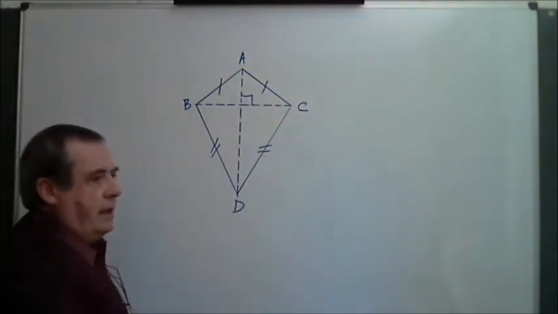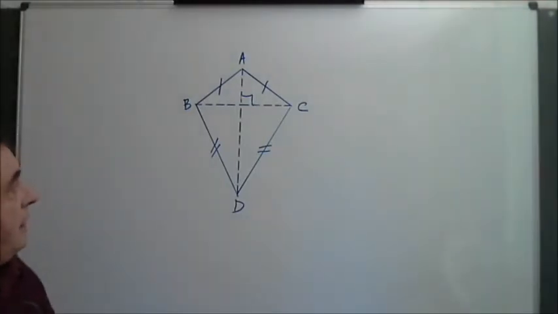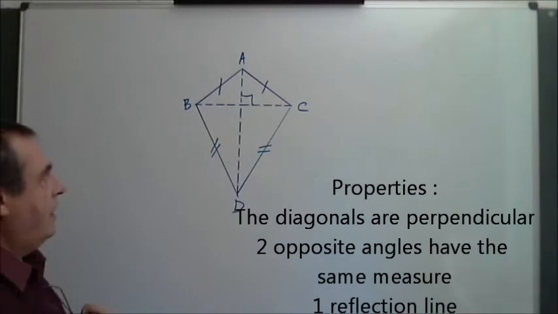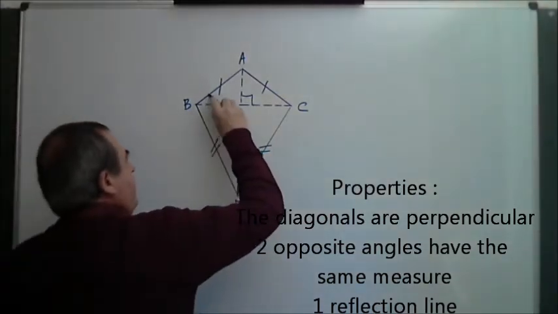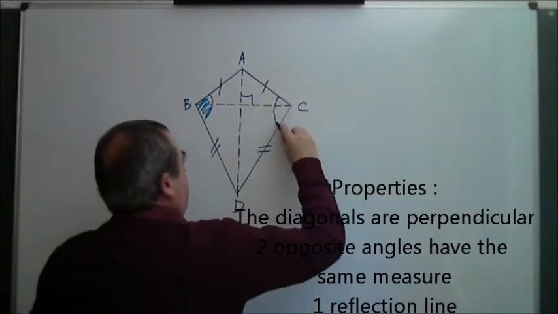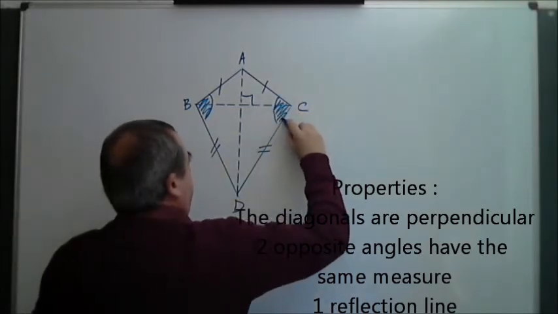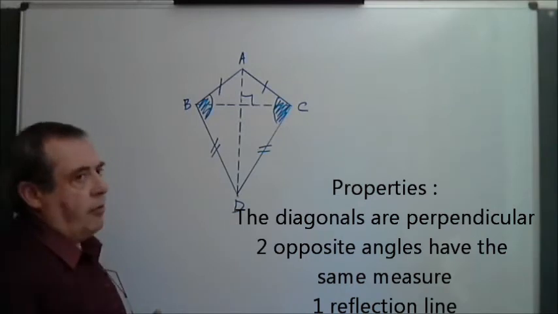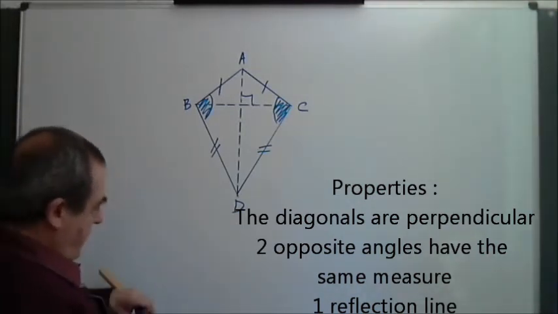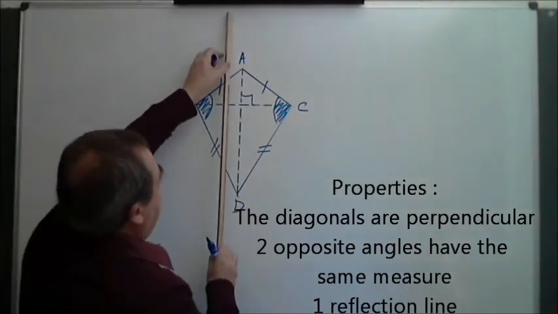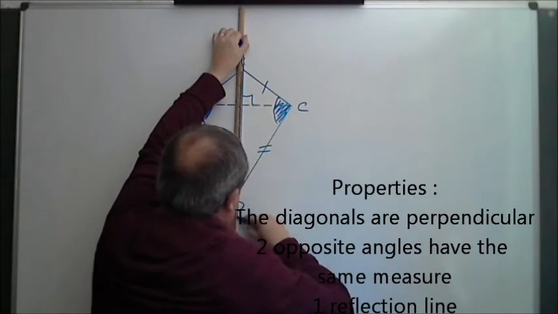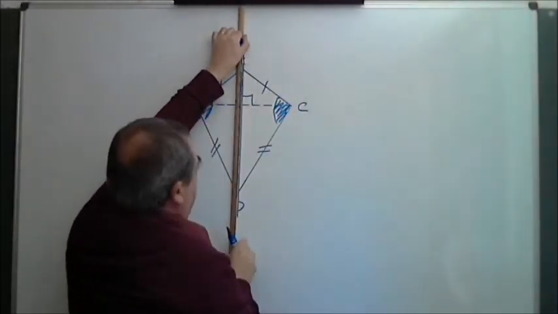Second property, 2 opposite angles have the same measure, this one and this one. And third property, 1 diagonal is a reflection line. This diagonal here is a reflection line.